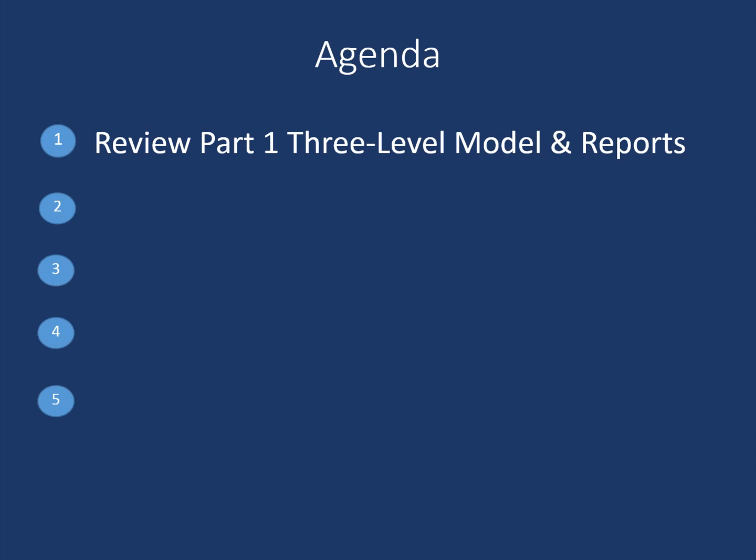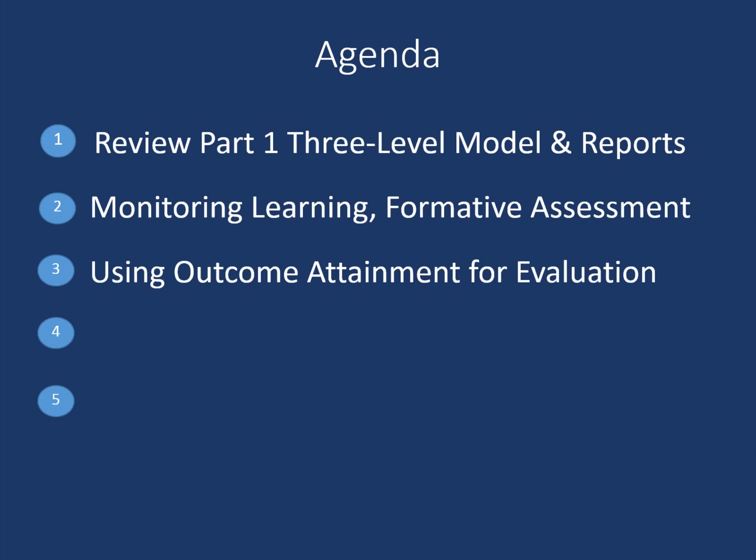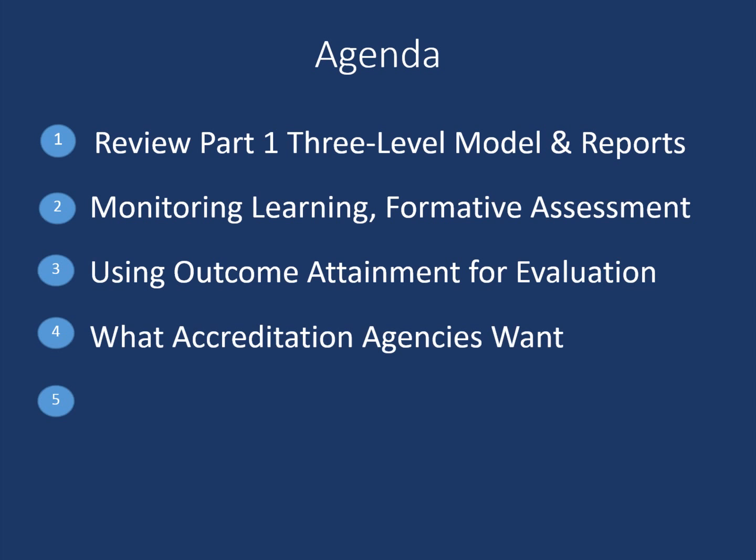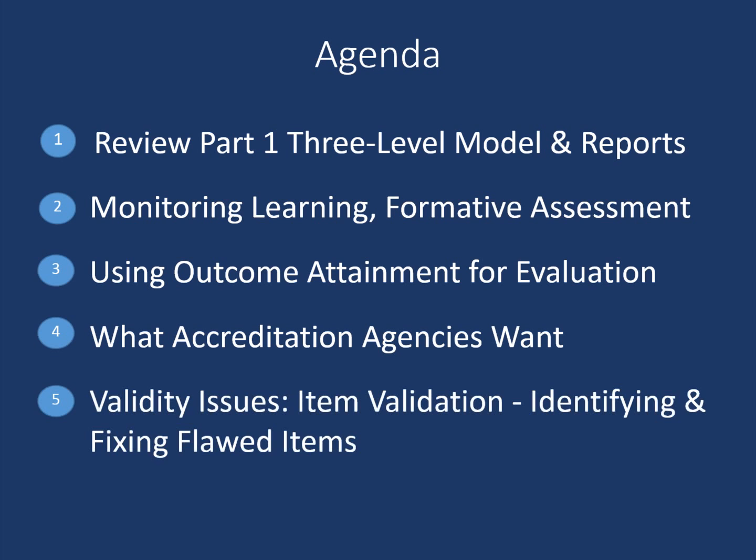So for today, here's our agenda. We will first review the things we talked about last week in our three-level model and the basic reporting. Next, we will talk about monitoring learning and formative assessment. And we'll talk in more detail about using outcome attainment for evaluation.